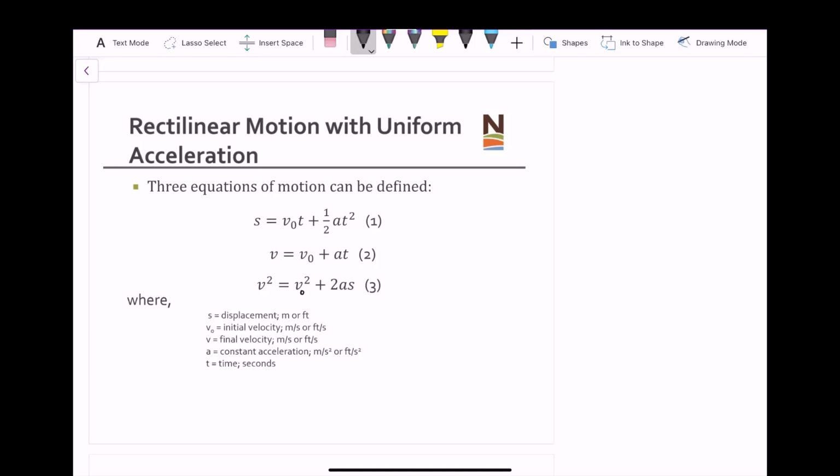We have a constant acceleration, a, and t for time. And you can see we are using the base units of either meters or feet, all with seconds.